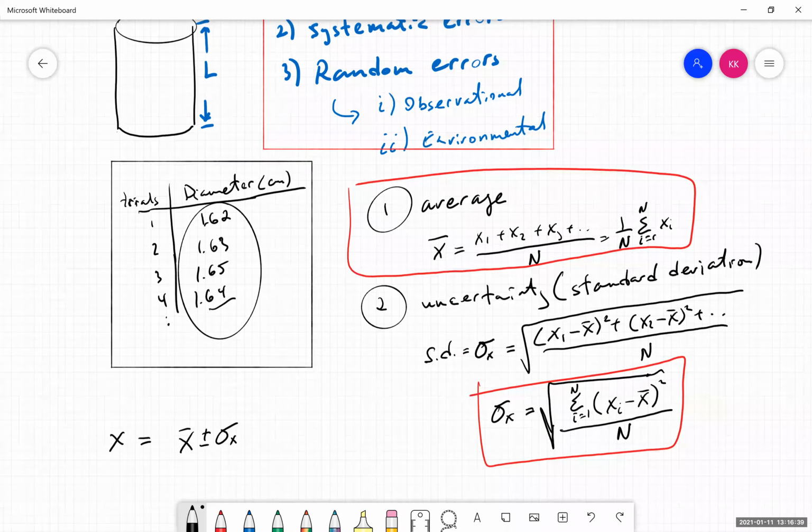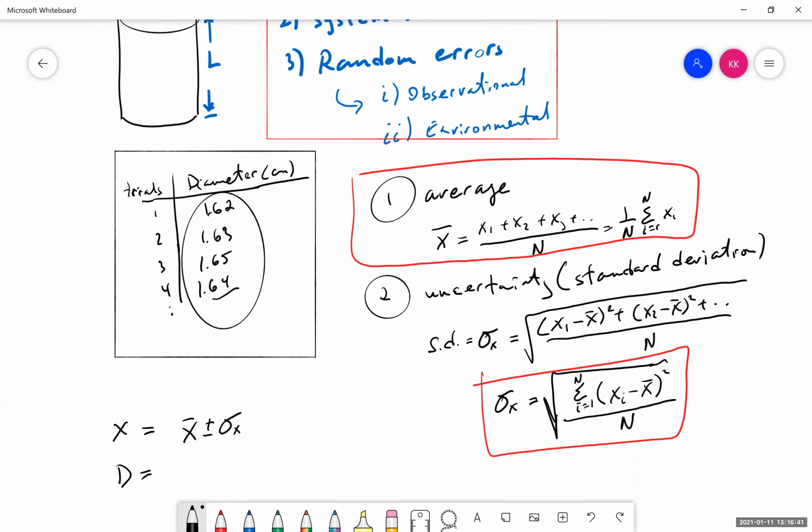If I'm representing the diameter, I can say here's the diameter value, and the best I can do is to calculate its average and then plus or minus its uncertainty. In a way, what we're saying is that the best possible way of presenting data is to give a range of possible values.